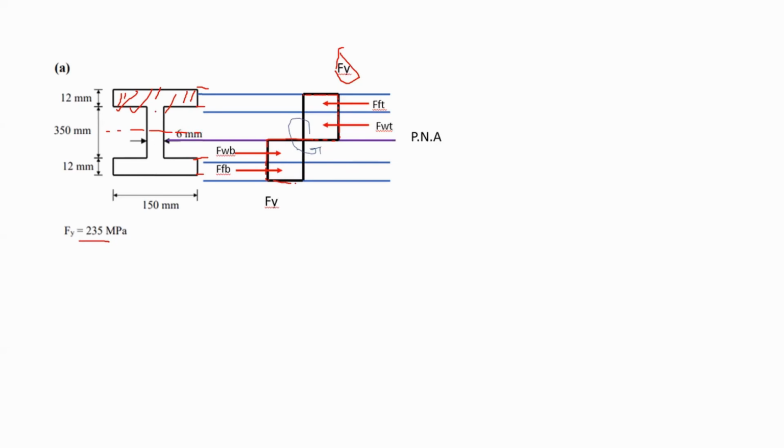Also, if I consider another part, which is this half of the web, I have the force in the web top, which is above the plastic neutral axis. Similarly, I have the web bottom, and lastly I have the flange bottom, below the plastic neutral axis.